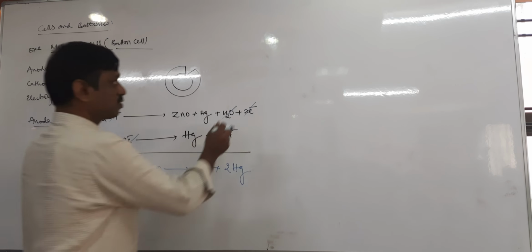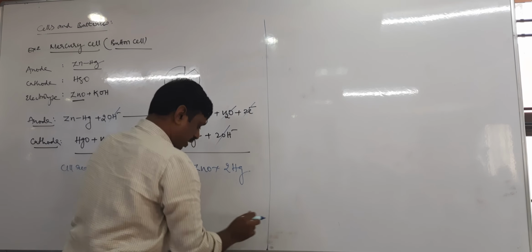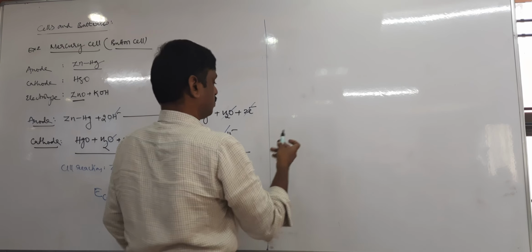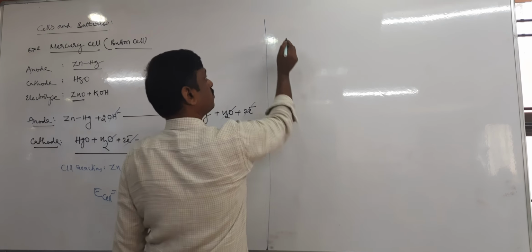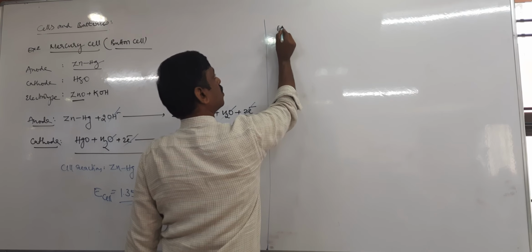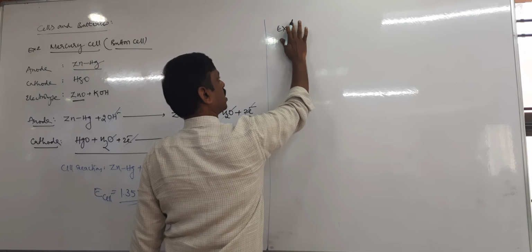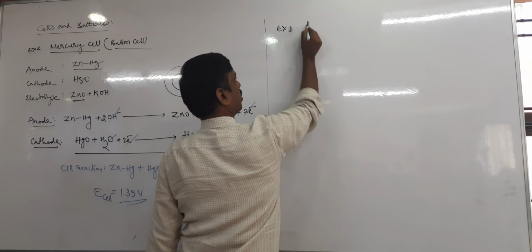Next is the secondary cell. In secondary cells, what is the first example? Lead storage battery. The first example is the lead storage battery.